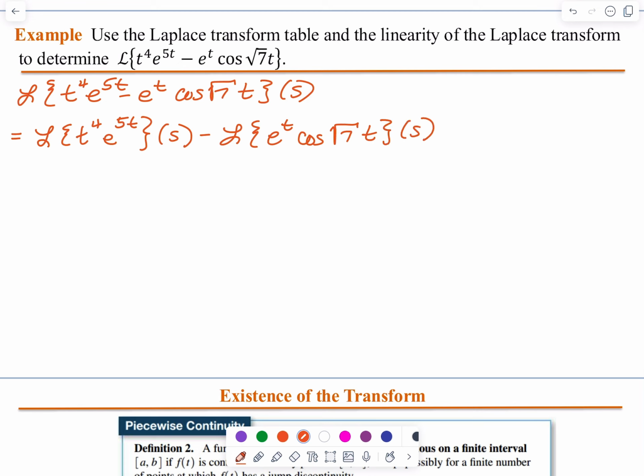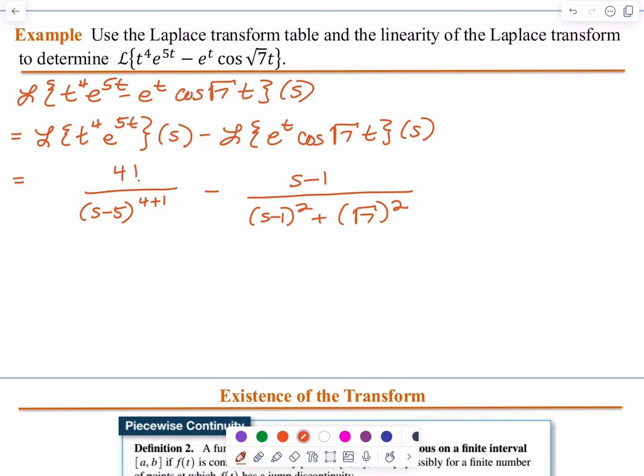So we have this in our table, and here we have 4 factorial over s minus 5 to the 4 plus 1 power minus s minus 1, and you can refer to the table, divided by s minus 1 squared plus root 7 squared.